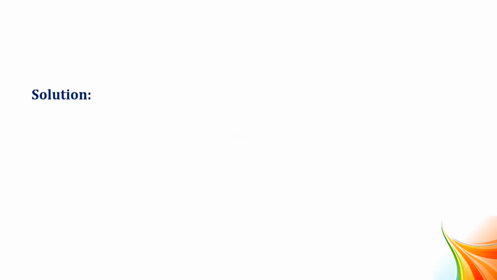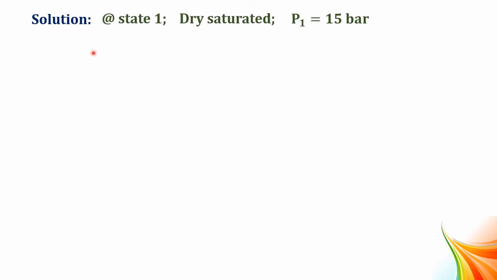Now we can solve this problem by using steam tables. For solving this problem, we have to find out the values of H1 and H2. So at state 1, the steam is dry saturated and at a pressure of 15 bar. Now we have to find out the value of H1 from the steam table.